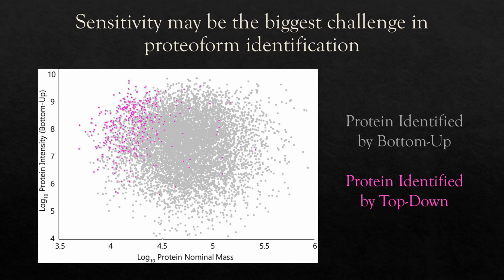Now, when we identify any proteoform that matches to a protein, we turn that dot from gray to pink. And so you can see a smattering of pink dots on the left portion of the graph. And there's very few of them. In fact, in this experiment, probably only 10% of the proteins had observable proteoforms by top-down mass spectrometry.